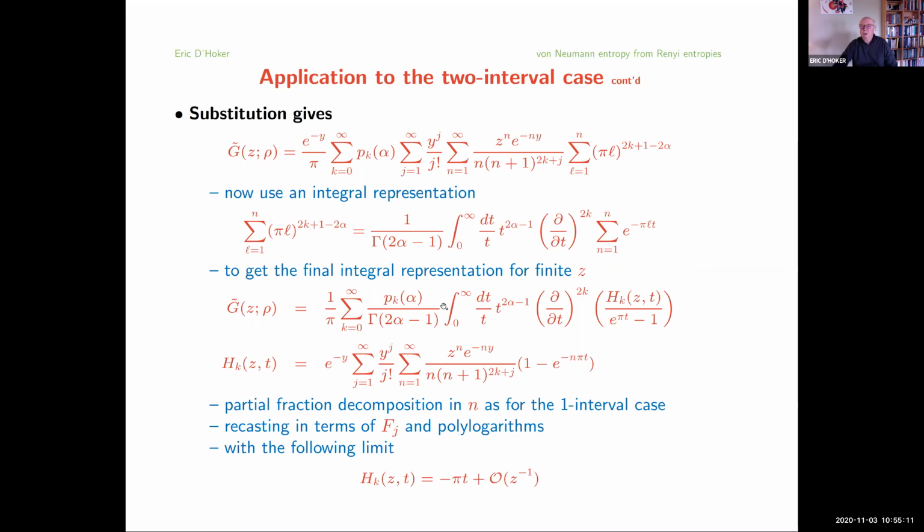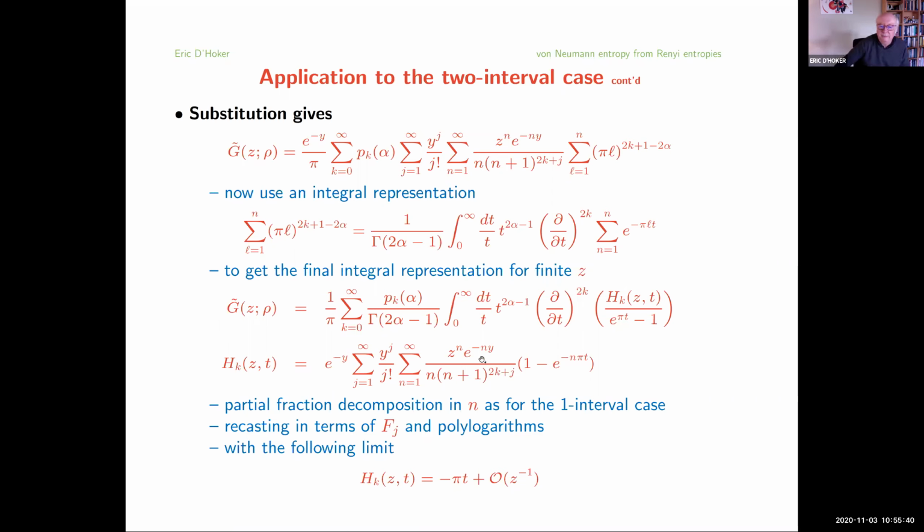So, okay, I don't want to go through all the details I've given here. And so you can get this reasonably nice integral expression for the generating function as this integral over t, some derivatives with respect to t, and then this ratio of this function h over this Bose-Einstein type density factor.